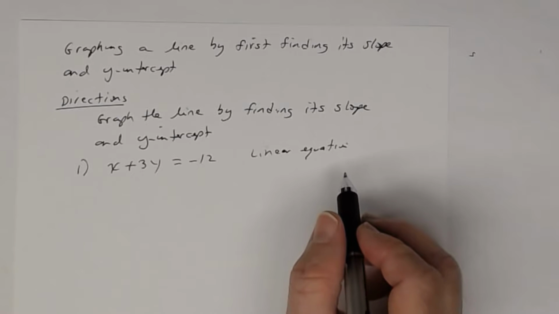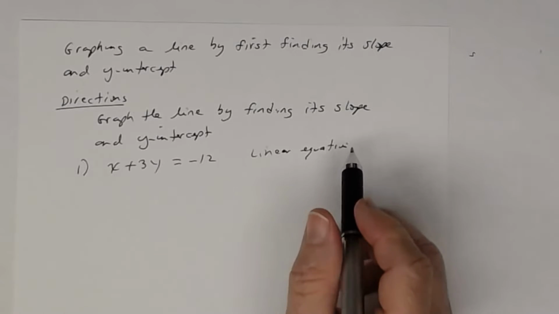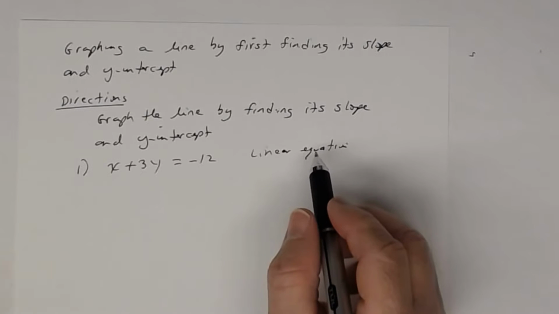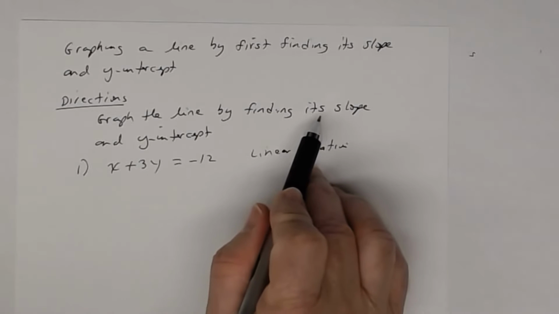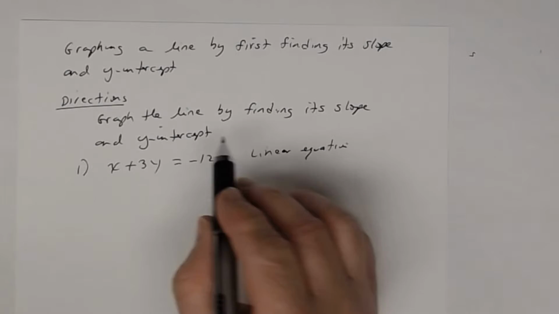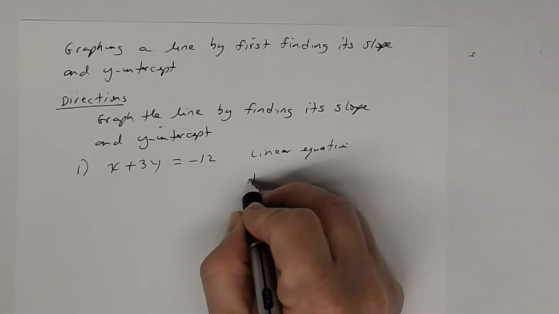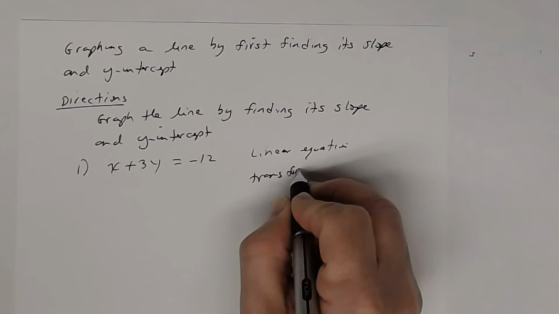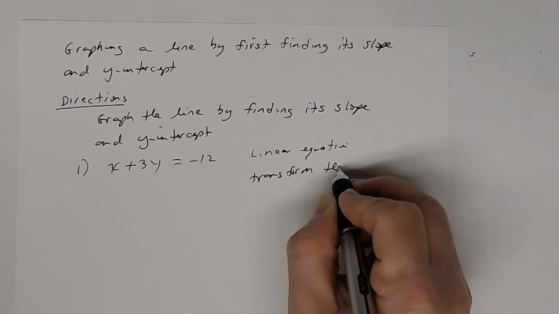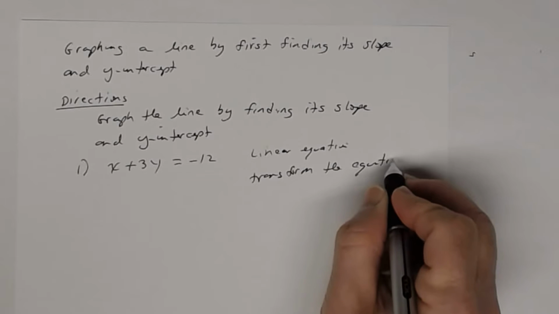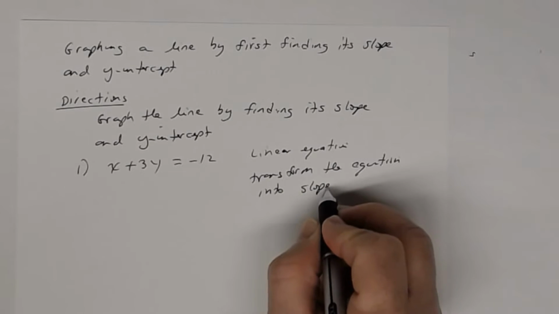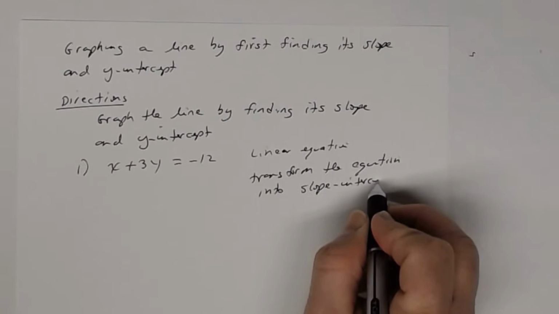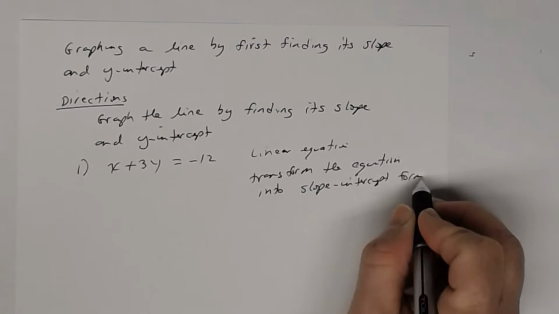Okay, now remember in a previous lesson, you know about the idea of slope-intercept form. So notice you want to use the slope and y-intercept, so we need to transform. For each of those, you're going to transform the equation into slope-intercept form.